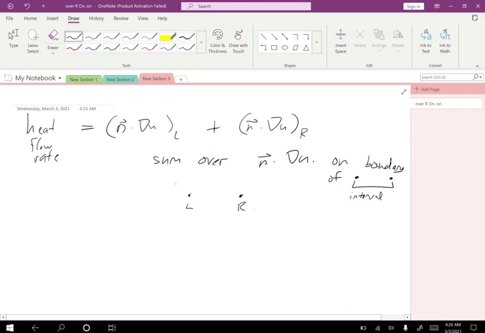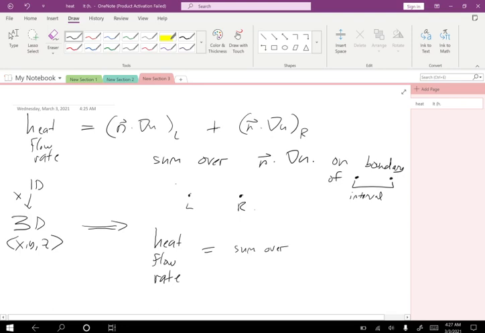And so now if we upgrade x to 3D, then really it's just the same thing, right? So now the heat flow rate is actually just going to be, again, a sum over the normal vectors on the boundary of our region.